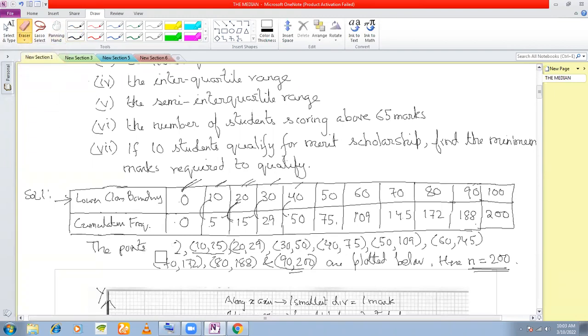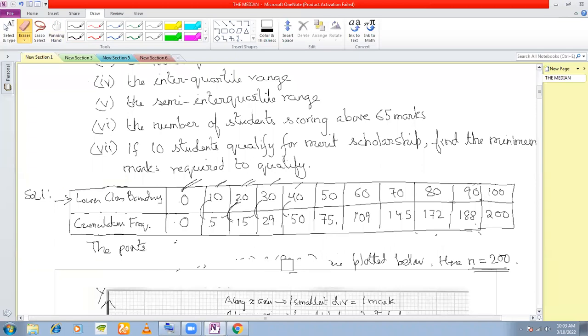So now your coordinates should be the points 0, 0; 10, 5; 20, 15; 30, 29; 40, 50; 50, 75; 60, 109.